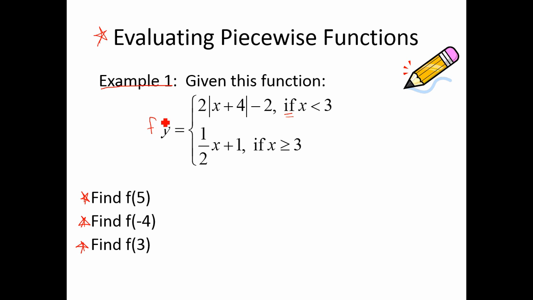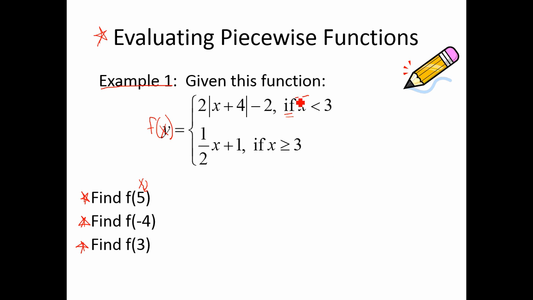Remember, sometimes this will be labeled with an f of x, naming the function, if you will, but the function is made up of two parts. It says find f of 5. 5 is the x value. So that means I'm going to plug in the number 5, but I don't plug it into both parts. I only plug it into where it's appropriate.